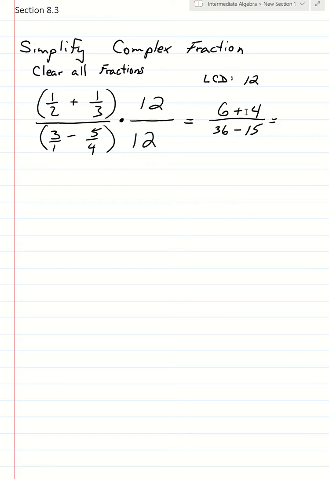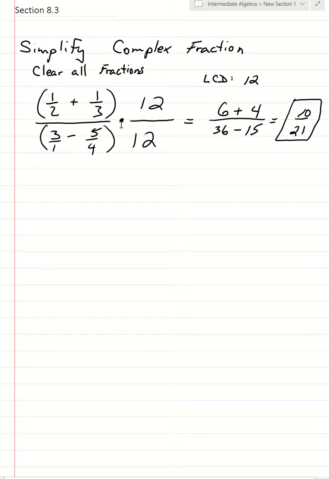So now I've cleared all the smaller fractions in the numerator and in the denominator. I am left with 6 plus 4, which is 10, and 36 minus 15, which is 21. So this is a simplified equivalent fraction to the complex fraction. What did we do?